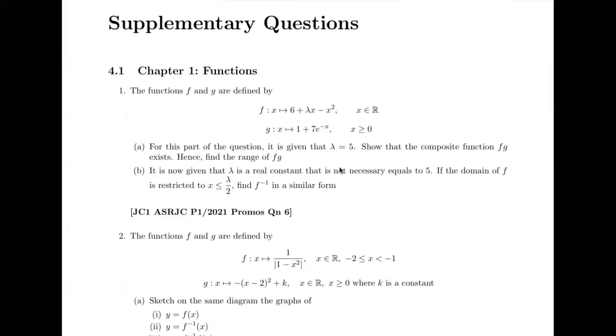Okay, so I want to look at 1, 5, 7. So we start with ASR, Hwa Chong.